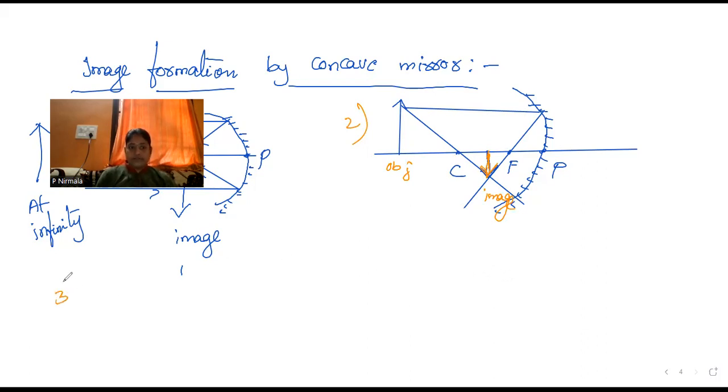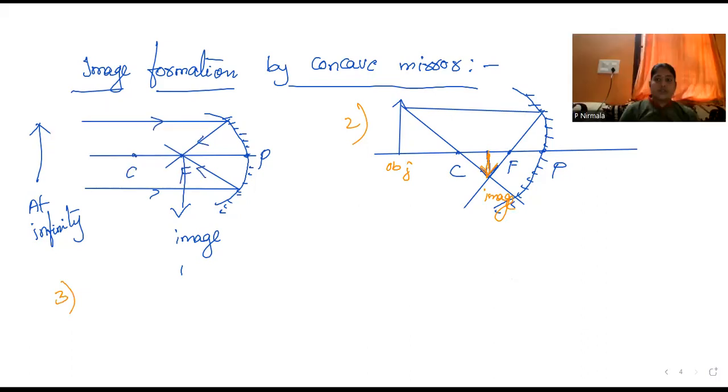So we come to the third case. Where are you going to keep the object now? On the center. On the center means the image is also forming at the center only. Understood? And one more thing here: whatever size of the object you have taken, the image is the same size.